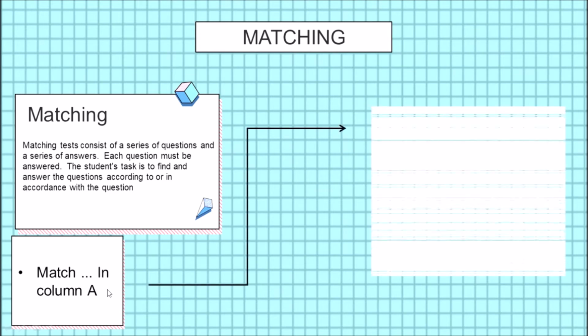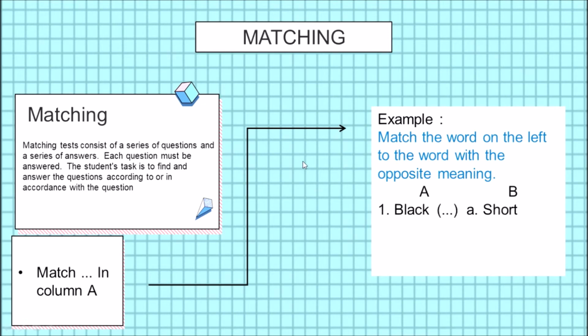This is an example. Don't forget to put the instruction. The instruction is: match the word on the left to the word with the opposite meaning. In column A, these are the questions, and in column B, these are the answers.